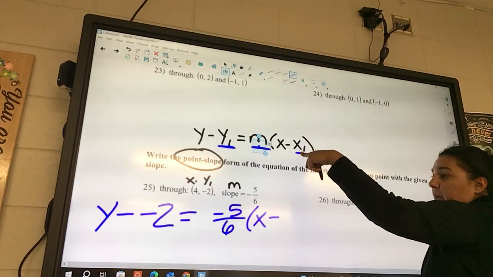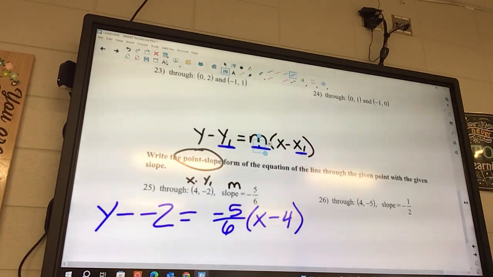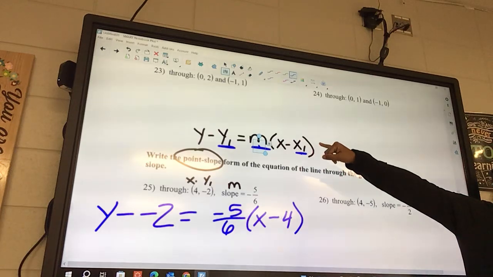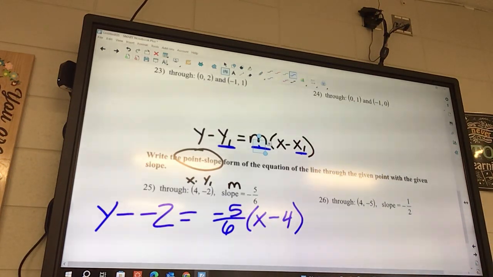What is my x1? 4. Close parenthesis. Okay, so everything that I have here under blue is the stuff that gets plugged in. Everything else, the x, the y, the equals, the parentheses, those all go there. The only change that you're ever going to have to make on these is if you have 2 minus minus. Where do you see a minus minus?